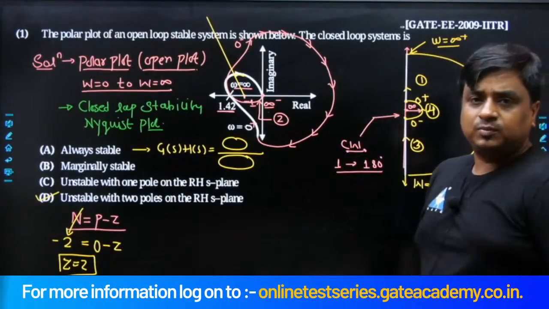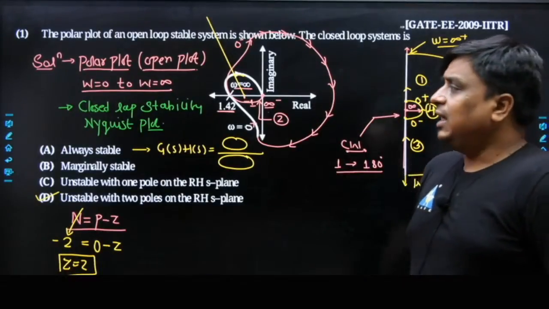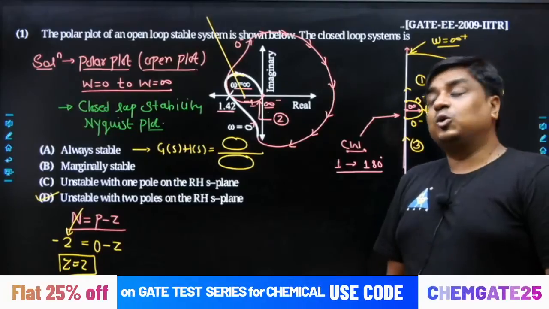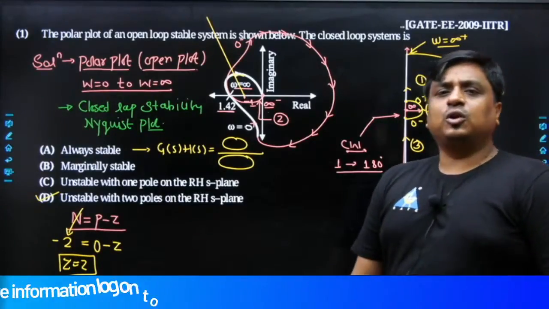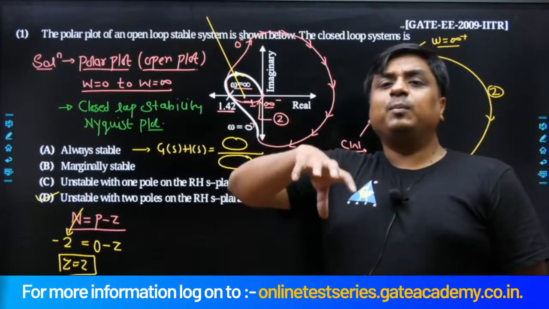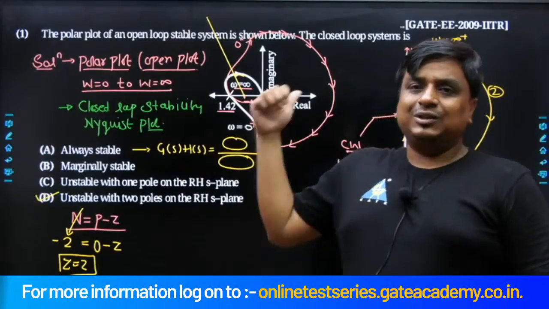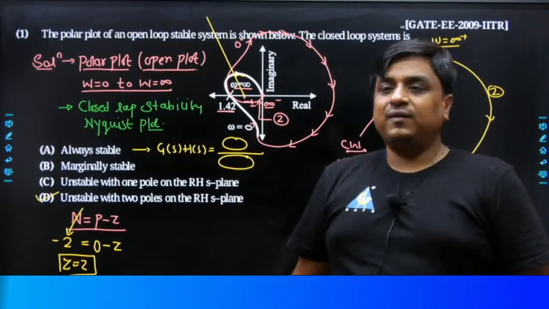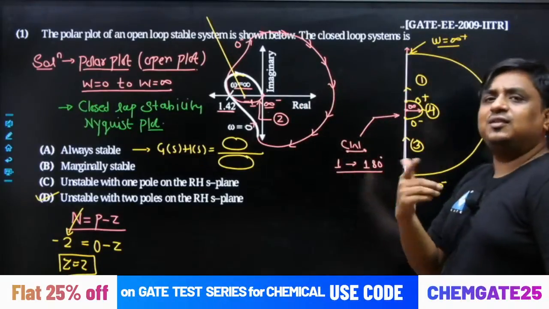This is a problem where the polar plot for a certain OLTF is clearly given, and they are asking about the closed loop stability, taking the reference of this OLTF. So obviously, whenever we talk about closed loop stability, the given polar plot has to be extended, and there the Nyquist plot has to be drawn. For that, we have 4 sections. The first section is the same as the polar plot, and even the third section is the same as the polar plot.